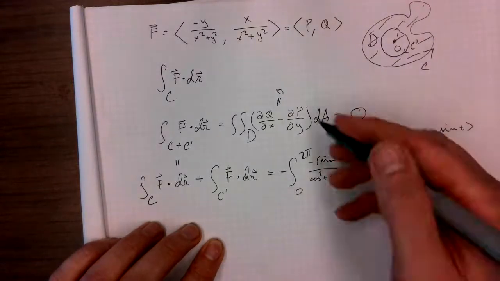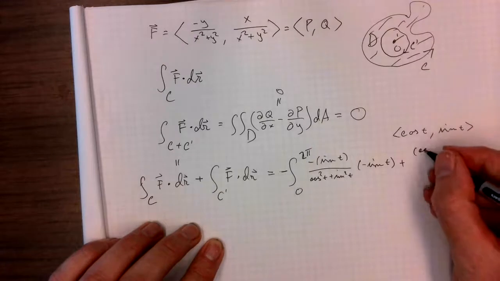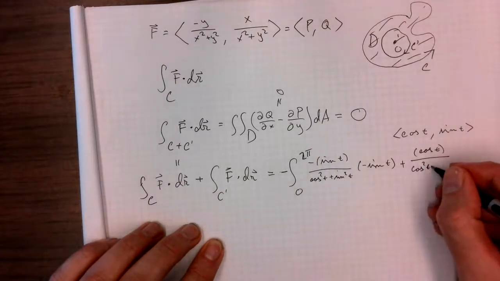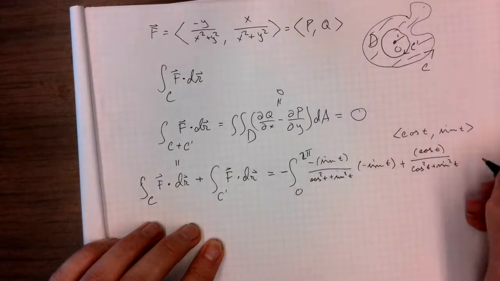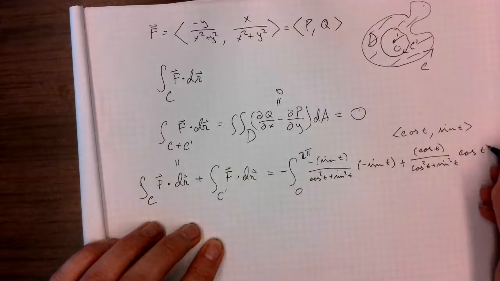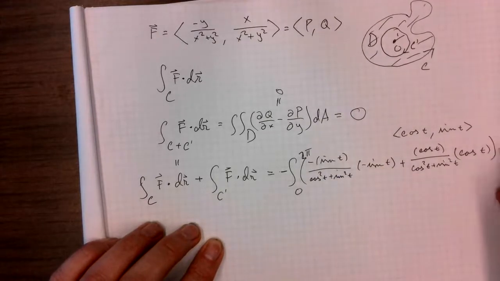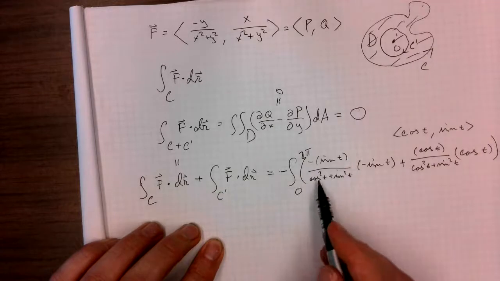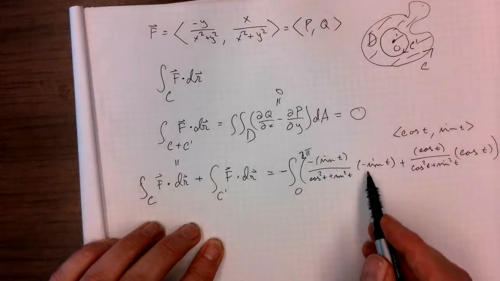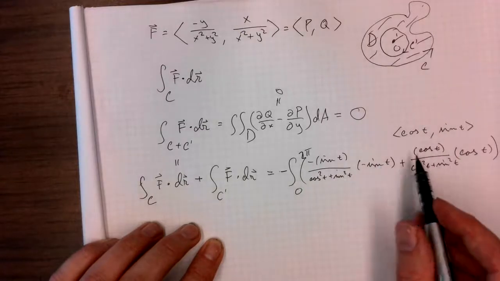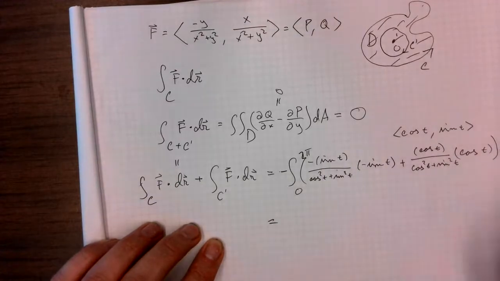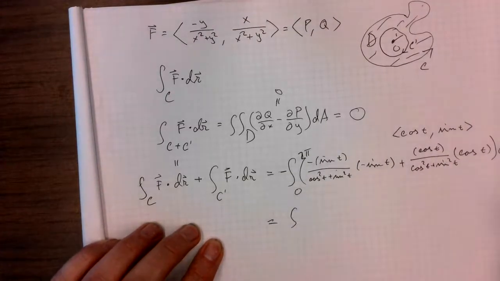And then I have x is cosine t divided by cosine squared of t plus sine squared of t, and the derivative of sine is cosine, so cosine t, this whole thing dt. You'll notice that this is 1, this is 1, this is sine, so minus sine t times minus sine t is just sine squared. Then I have cosine squared plus sine squared, again 1.